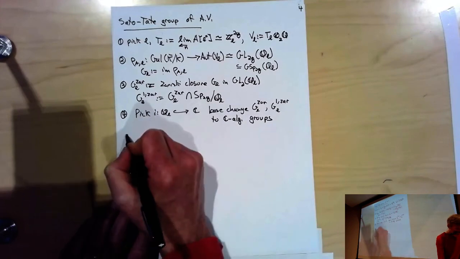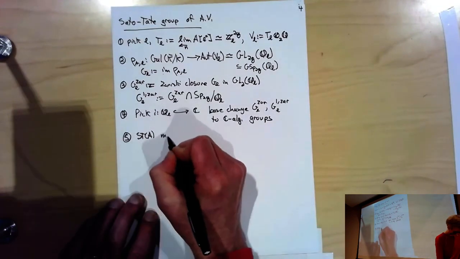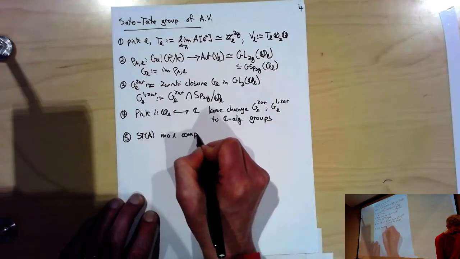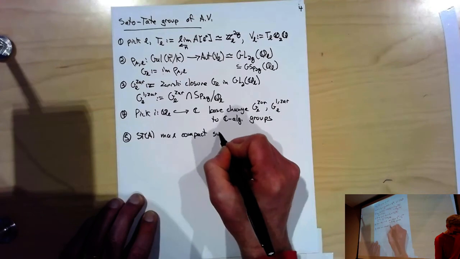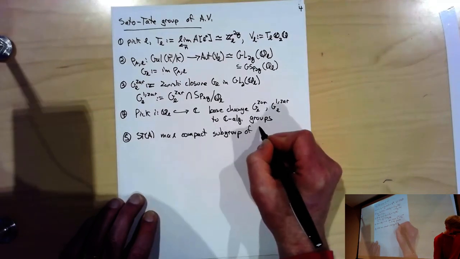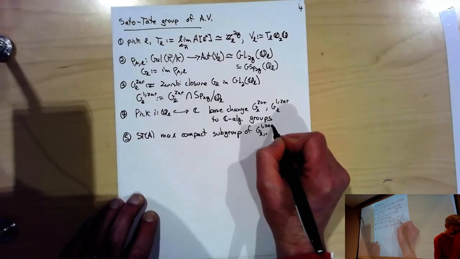And then we define the Sato-Tate group as a maximal compact of GL1 Zariski, the C points.